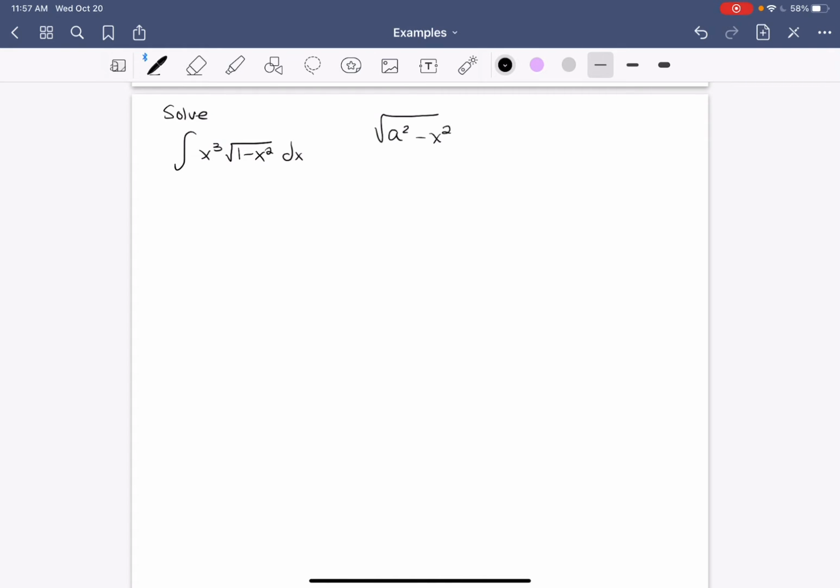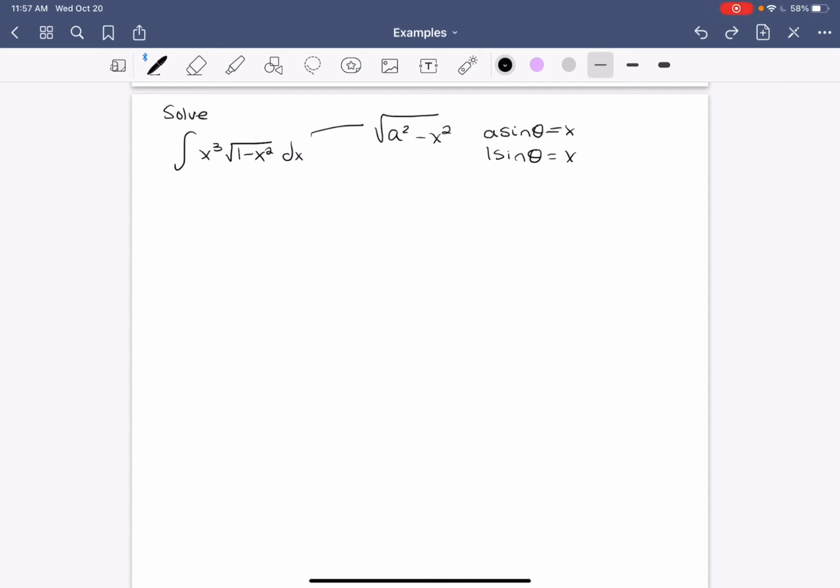Recall that this layout looks like this, and this will be a sine theta is equal to x. So 1 sine theta is equal to x. I got the 1 here from here.